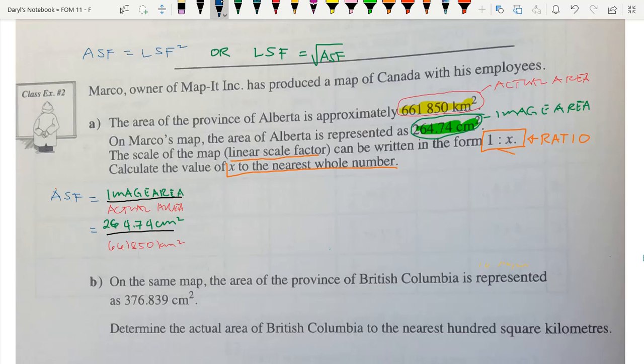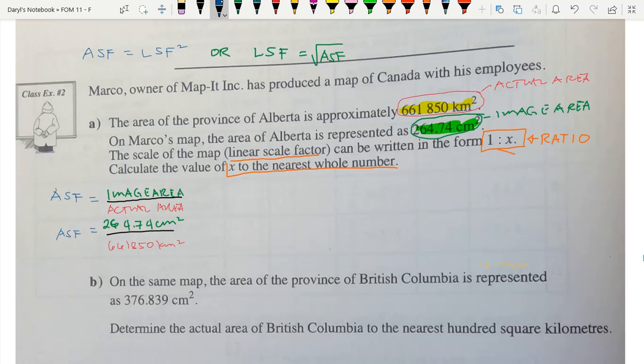So this would be your area scale factor. Well, this particular value here gives you the area scale factor. That means that for every 264.74 square centimeters in your model, it would represent 661,850 kilometers squared in the actual area of Alberta.